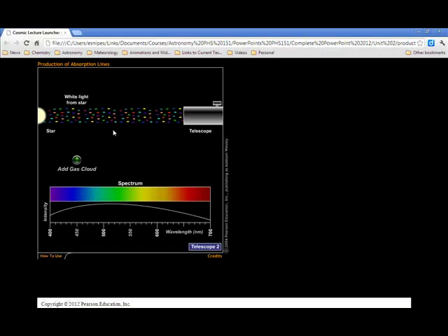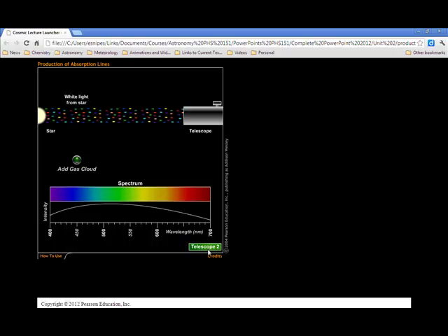So we have a continuous source coming from a star, white light from a star, and notice these are photons of different colors, being gathered by the telescope. Down here, our visual spectrum would look like a continuous source, and our graph would look like that.